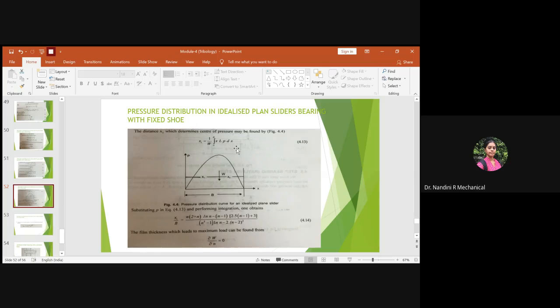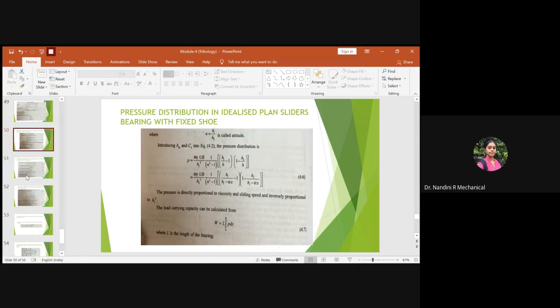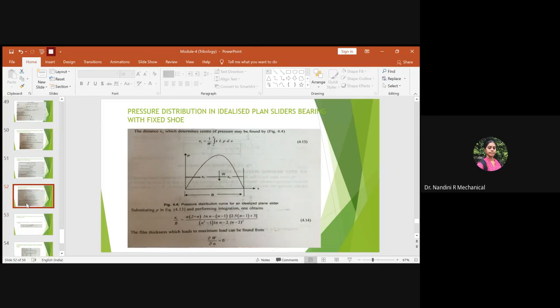The L will be given, right? So the only thing which varies here is the pressure. And we have the pressure distribution equation already derived with us. What is that equation, if you go back? So we have the equation for pressure distribution over here, right? So this is the value of p.